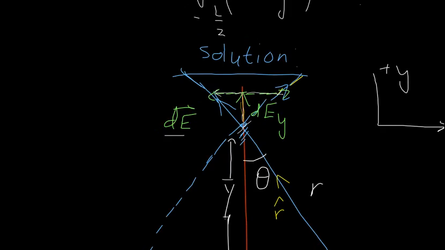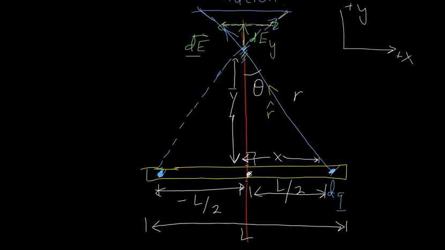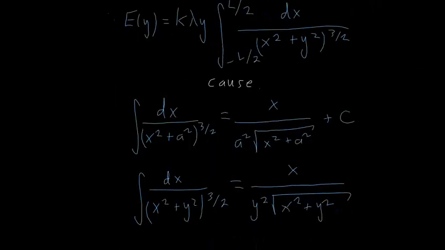Okay. Let's look into more detail. But before I do that, I want to explain why the horizontal components are canceling. And I need to emphasize this because quite often students rush.